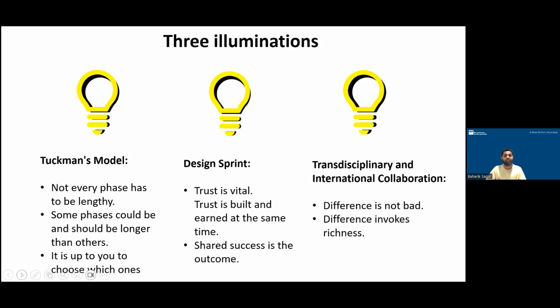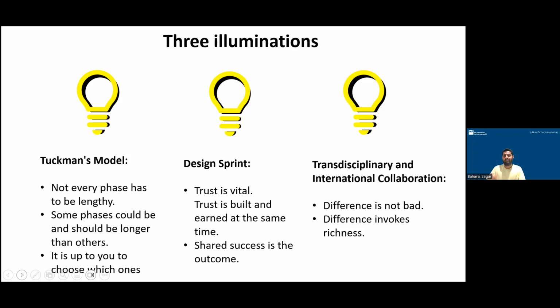The final and third illumination is the transdisciplinary and international collaboration. There is so much richness to be found in multidimensional forms of collaboration. Transdisciplinarity is simultaneously an opportunity to leverage the knowledge that we don't have as individuals, which helps us discover and learn. There always exists a thread of connection and relatedness waiting to be discovered.